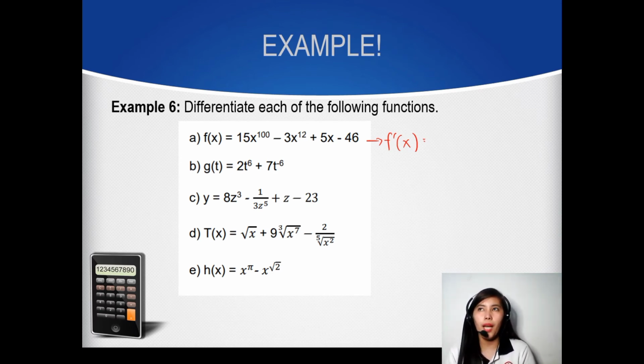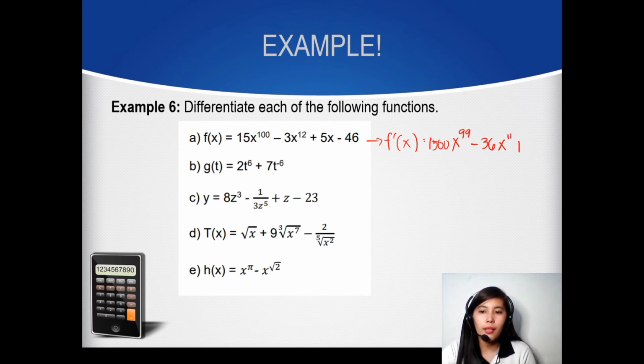Applying the power rule, we will just bring down the 100, then multiply it by 15. So that is 1,500. Then x raised to 100 minus 1, so this will be x raised to 99, minus 3 times 12, that is 36, x raised to 12 minus 1, that is 11.